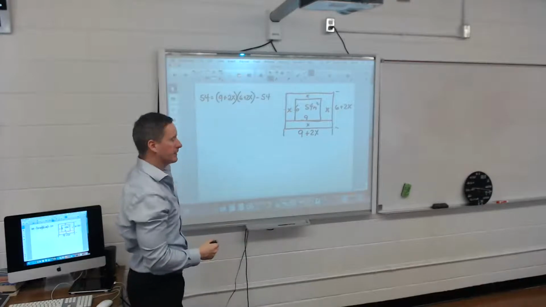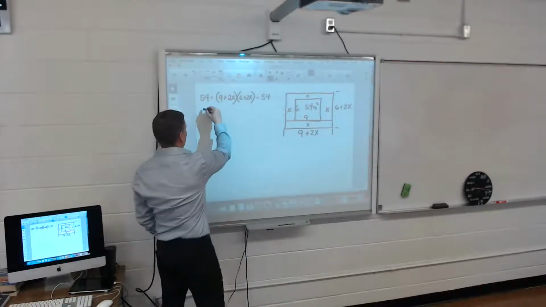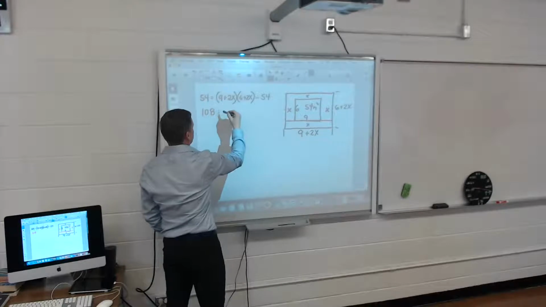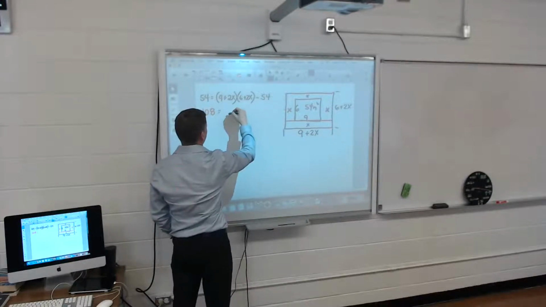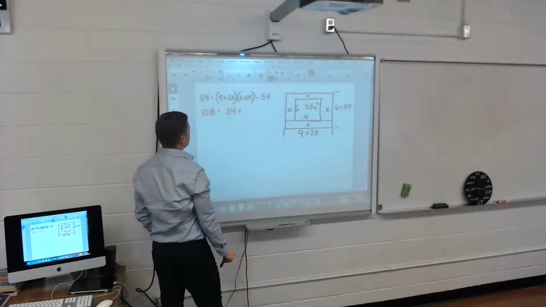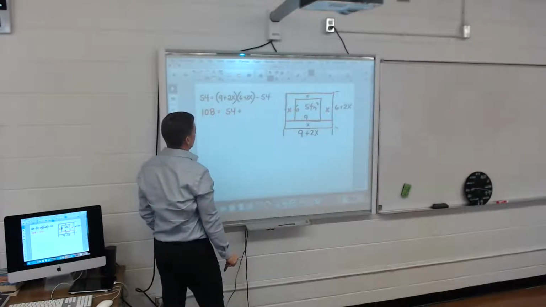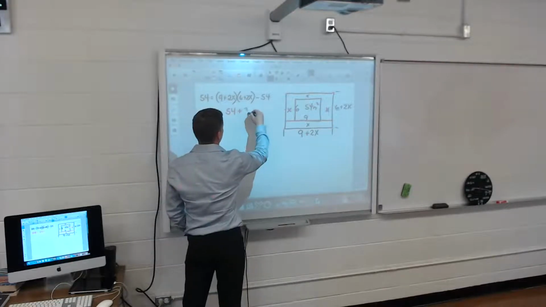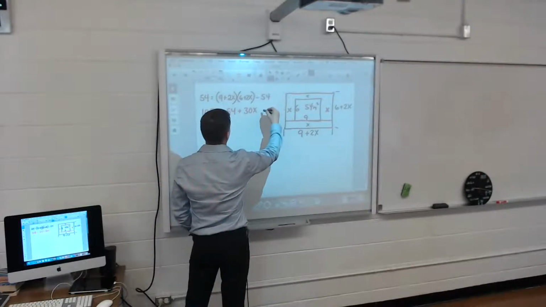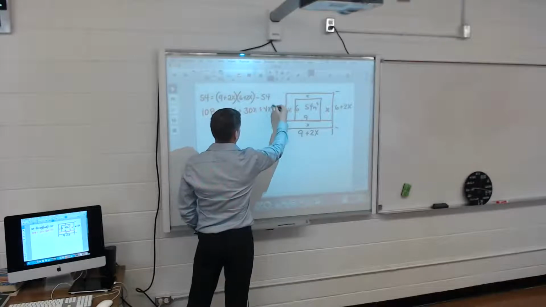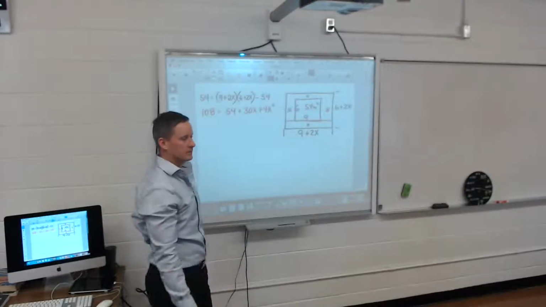Okay, so now I end up with 108 is equal to, if I FOIL that out, 54 plus, what is that, 18 and 12, 30x plus 4x squared. So far, so good?